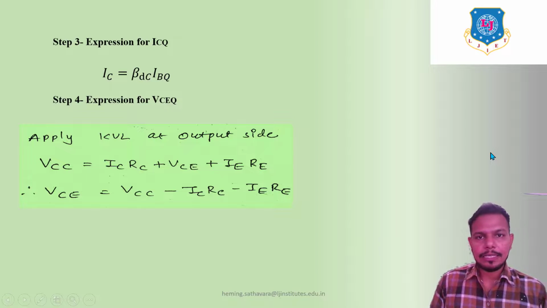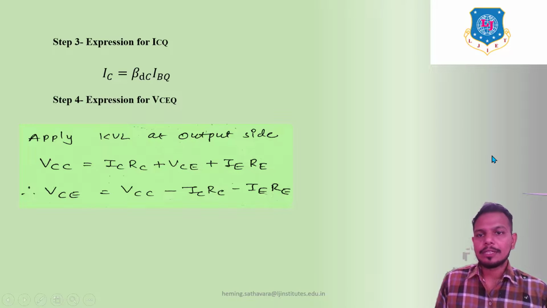Now step number 3 is easy because we have to find ICQ, and for ICQ we apply the equation IC is equal to beta DC into IB. We have to just put IB's value in this equation and we will get expression of ICQ. And last, step number 4, this is expression for the VCEQ.